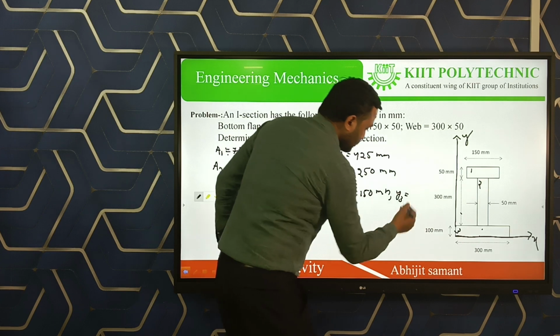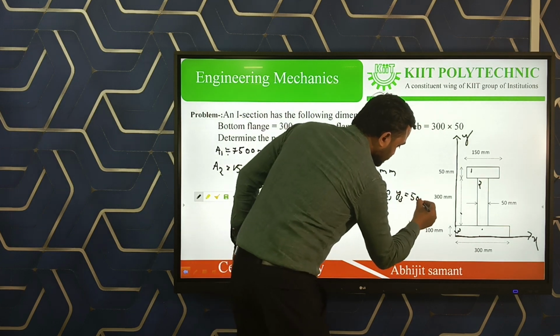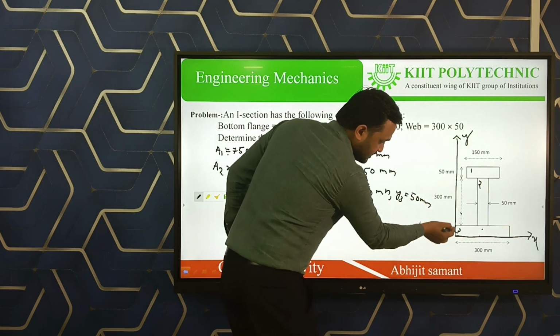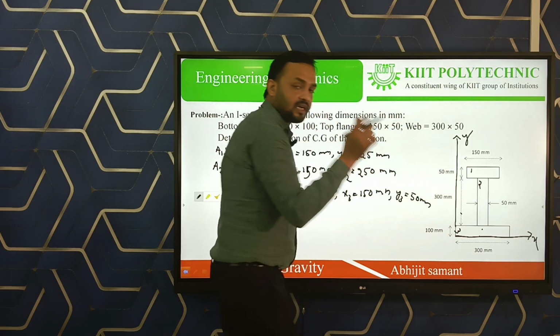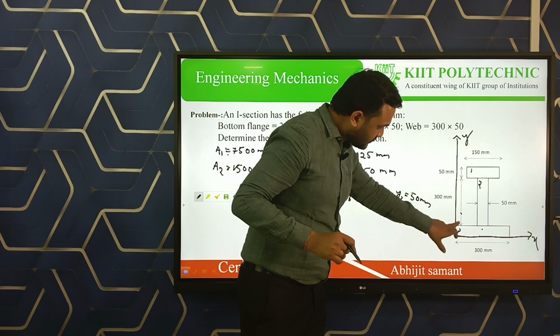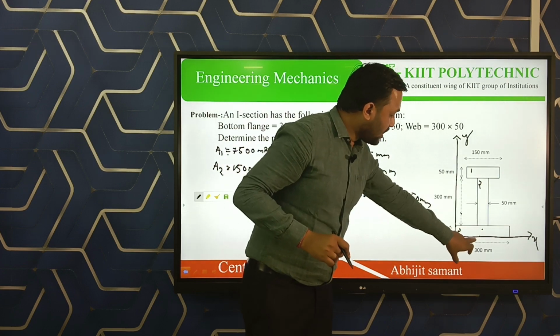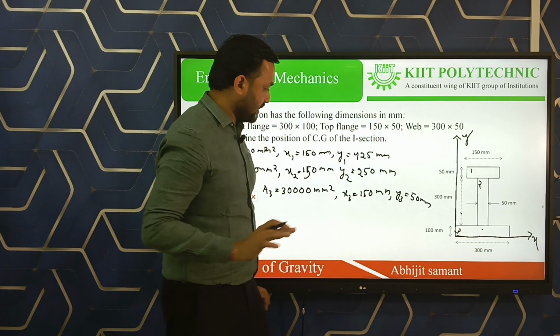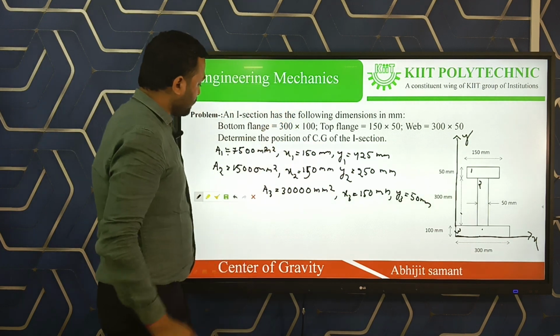So this is 50 mm, because the total length is 100 mm. The center of gravity lies at half of the breadth, so this is 100 divided by 2, which is 50 mm. So y3 is 50 mm.